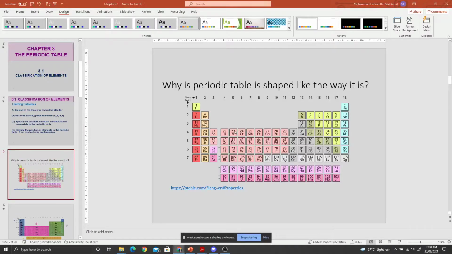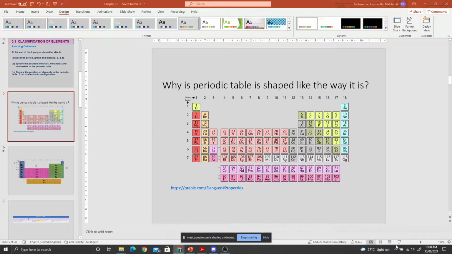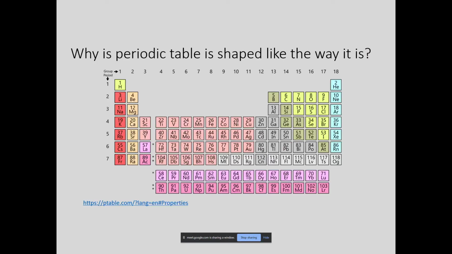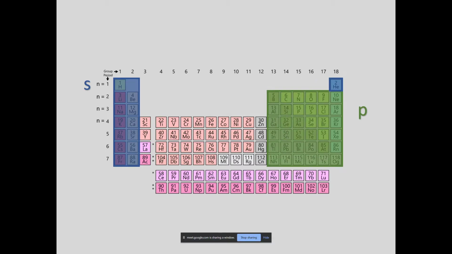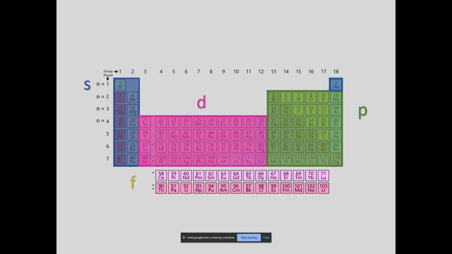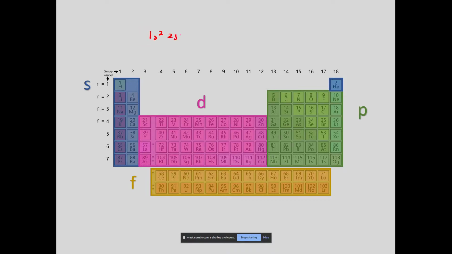So okay, boleh tengok lah tadi yang website tadi tu. So kalau you guys tengok periodic table, it is categorized in blocks. Okay, we have S, P, D and F blocks. Kalau you guys remember, hari tu kita isi is 1S2, 2S2, 2P6, 3S2.